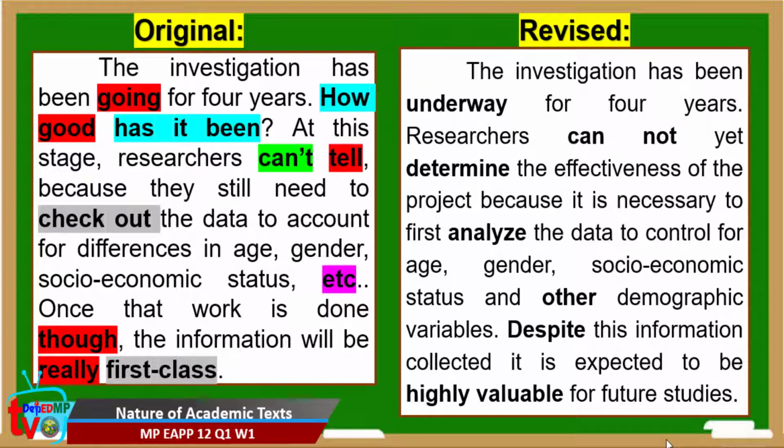Another is check out, which was changed to analyze. Then etc., which was changed to other demographic variables. Though, to despite. Then first class, which is a colloquial expression, was changed to highly valuable.